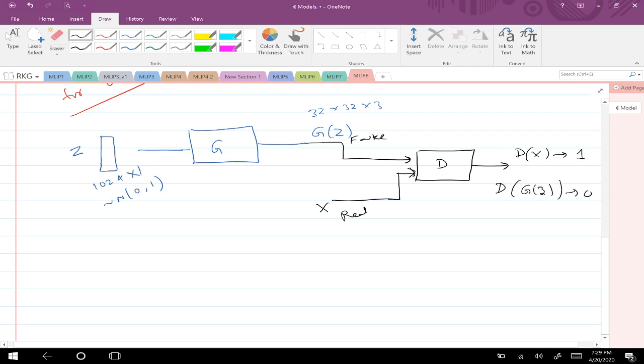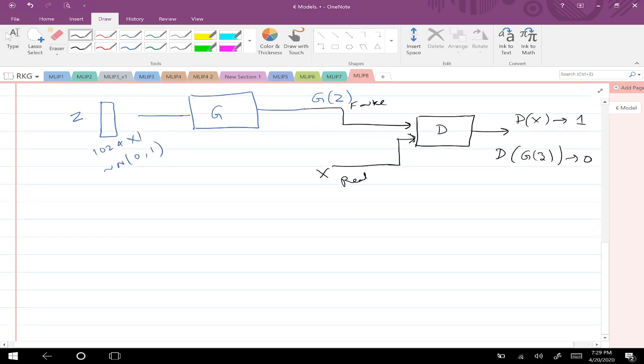So given that, the discriminator is trying to do two jobs.